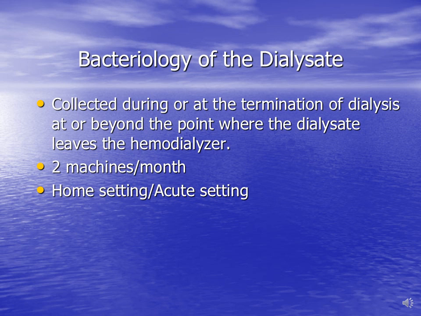So doing 2 machines per month is reflective of the condition of all the other machines. The caveat is that you rotate those 2 machines being sampled so that each machine is analyzed at least once a year. For a home setting, it's every 3 months. For an acute setting, it's just like the chronic setting, where it's required on a monthly basis.